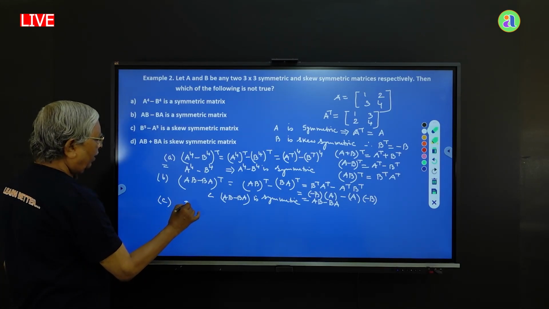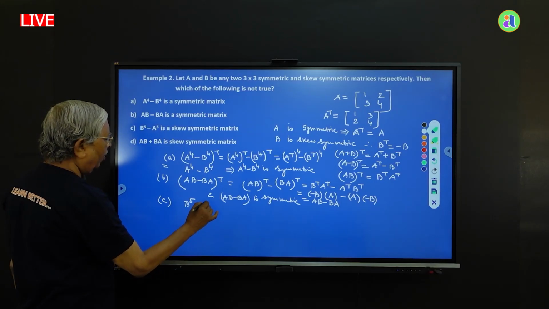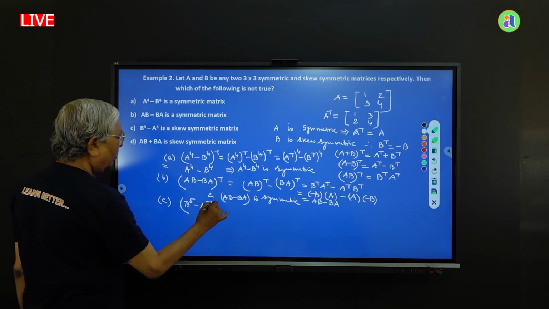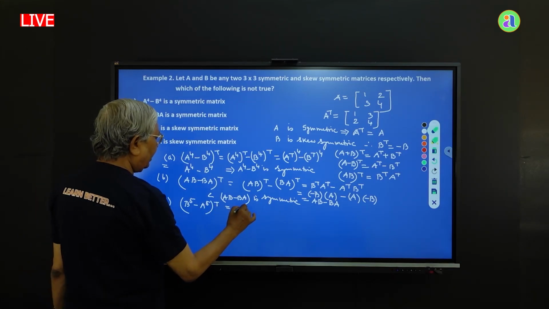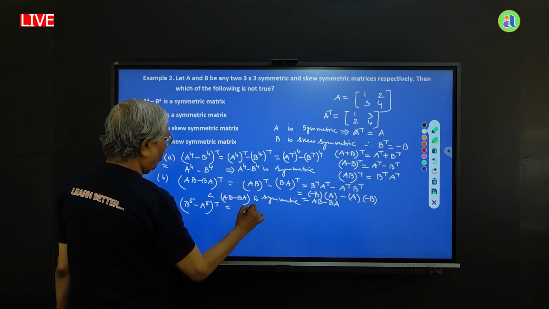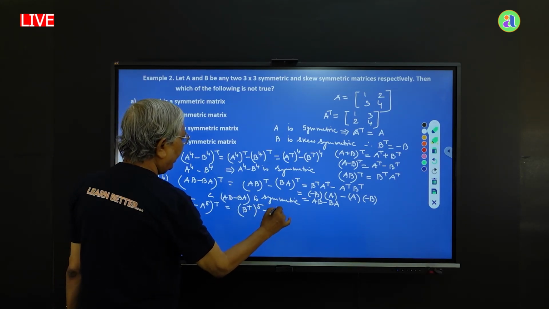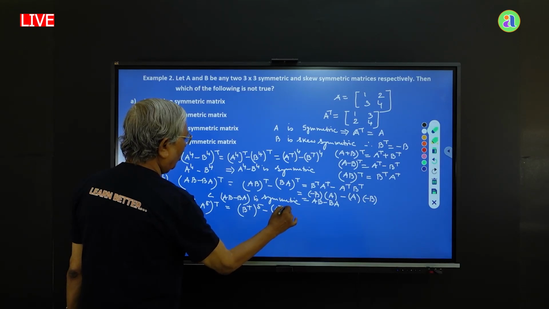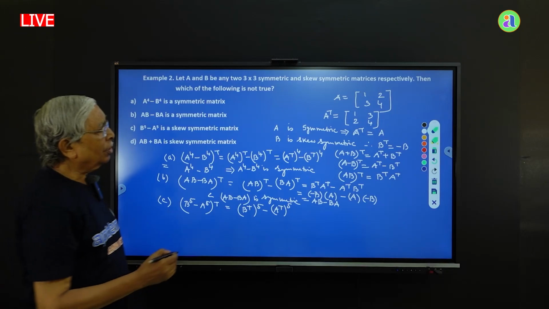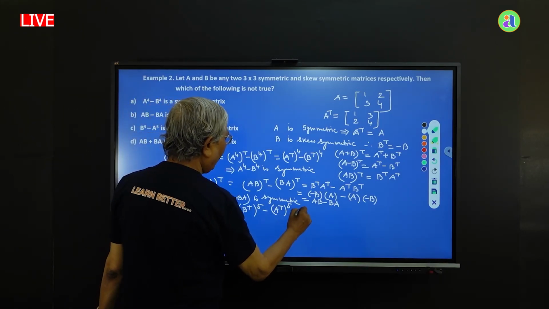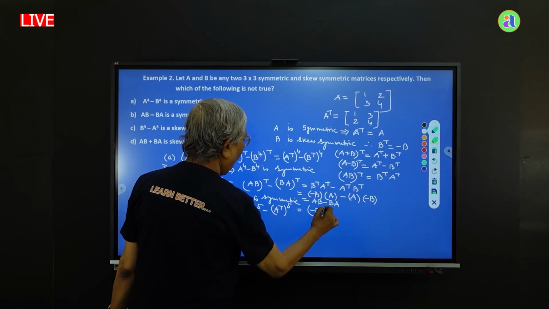Start from here: (B to the power 5 minus A to the power 5) whole transpose equals (B transpose) whole to the power 5 minus (A transpose) whole to the power 5. What is our B transpose? This is our minus B. So we can write this as (minus B) whole to the power 5.